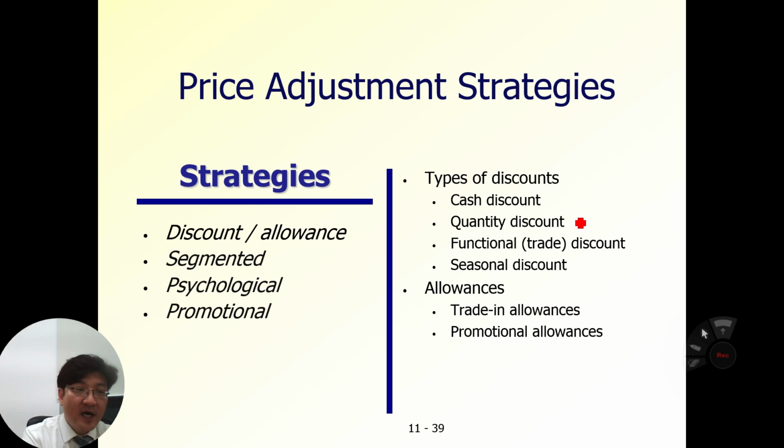So if you want to promote the product, you need to promote it to the retailer first. Whatever you do toward the retailer, you call it trade. If you want to cut the price for the consumer, you just call it a cash discount.